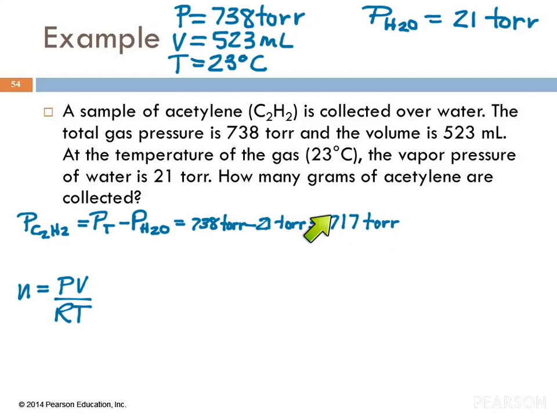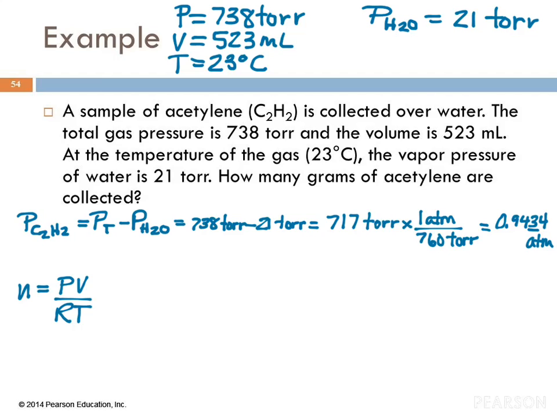Is this a good unit for pressure? No, because the ideal gas constant is in liter atmospheres per mole Kelvin. So we need to convert this. We'll multiply by 1 atmosphere over 760 torr. 717 divided by 760 is 0.9434, good enough.